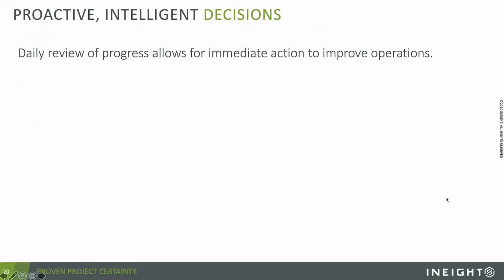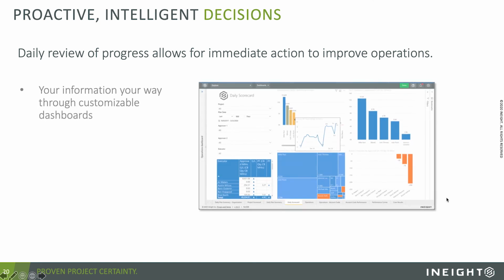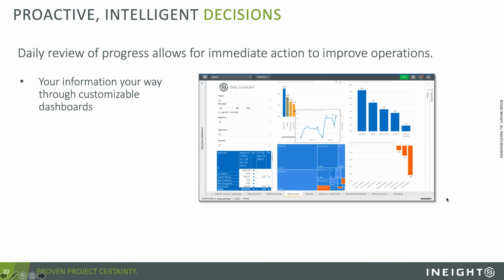And those adjustments lead to proactive, intelligent, or educated decisions. A daily review of this progress allows for immediate action. And it's your information your way in the InEight system.